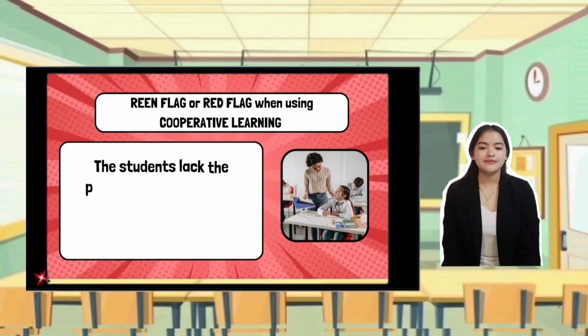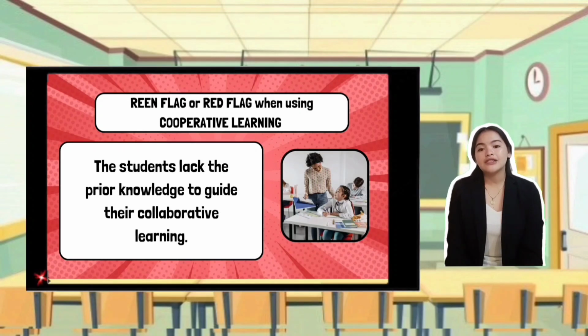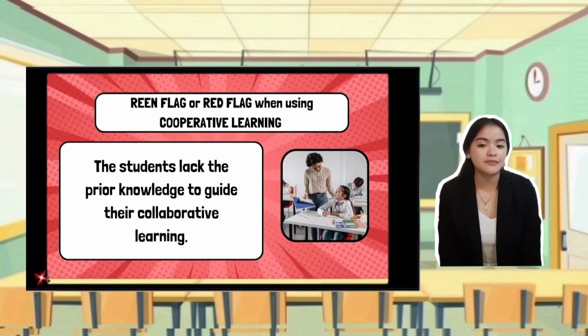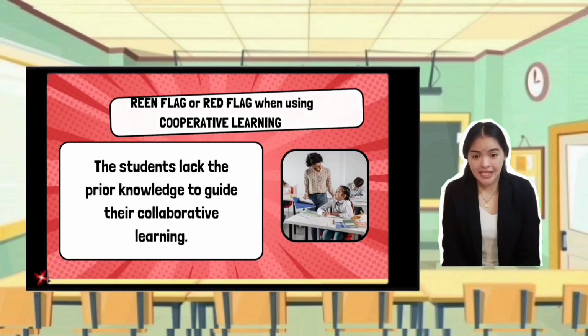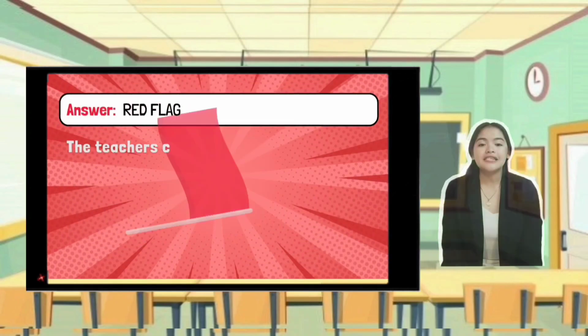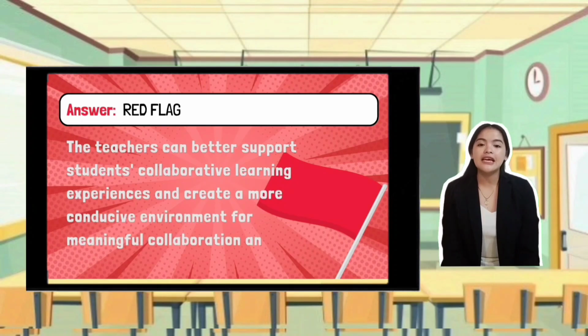Next, the students lack the prior knowledge to guide their collaborative learning. Yes, it is a red flag. The teacher can better support students' collaborative learning experience and create a more conducive environment for meaningful collaboration and knowledge.